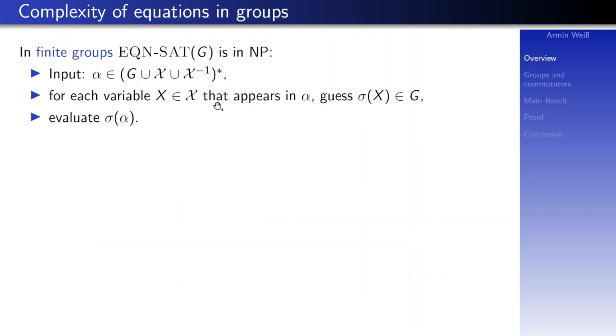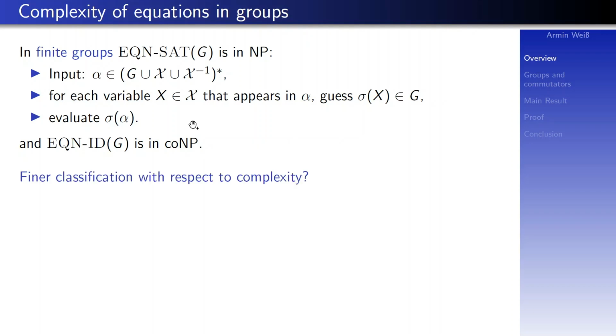Actually, equation satisfiability is in NP, because if I have an input expression, I can guess for every occurring variable a value in the group G. Then I multiply the values together from left to right, which gives a value in the group, and I check whether it's 1 or not. So equation satisfiability is in NP. With the same argument, we can see that equation identity is in co-NP.